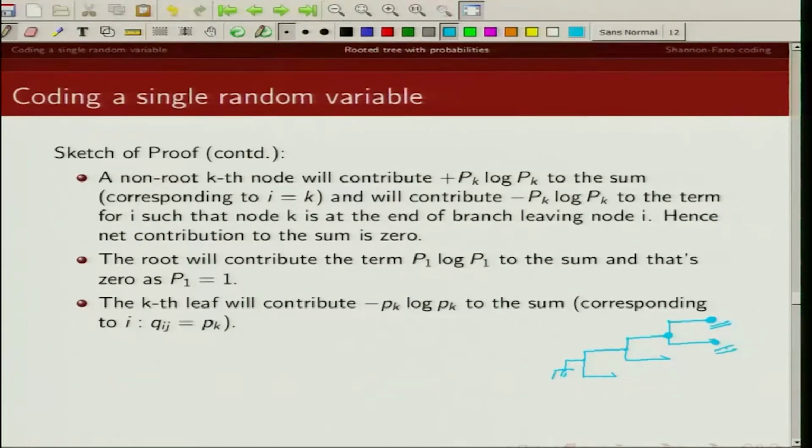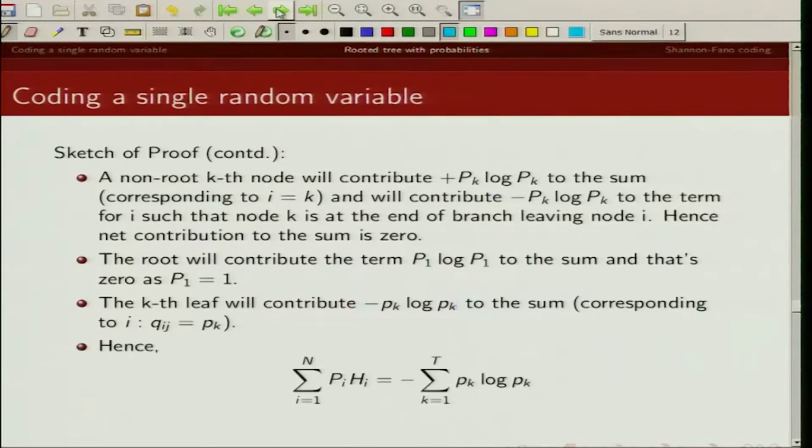So the net contribution to this summation Pi Hi, summed over all the nodes including the root node, will be just the contribution of the leaves, and this is nothing but the leaf entropy that we have defined. Hence we have proved that this summation Pi Hi, summed over all the nodes including the root node, is nothing but given by the leaf entropy.